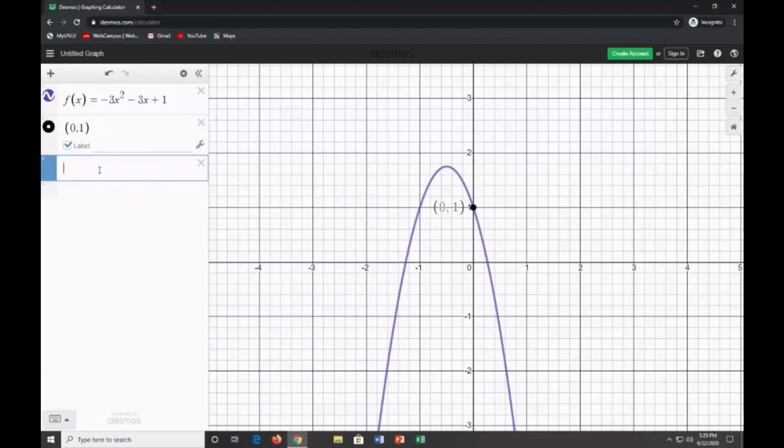Let's snap to the vertex, which was -1/2, 7/4. Right there, the red point that you see, and let's label that. So that's -0.5, 1.75, right? And then let's also snap to the x-intercepts. One of them, I'm going to put in the exact value.